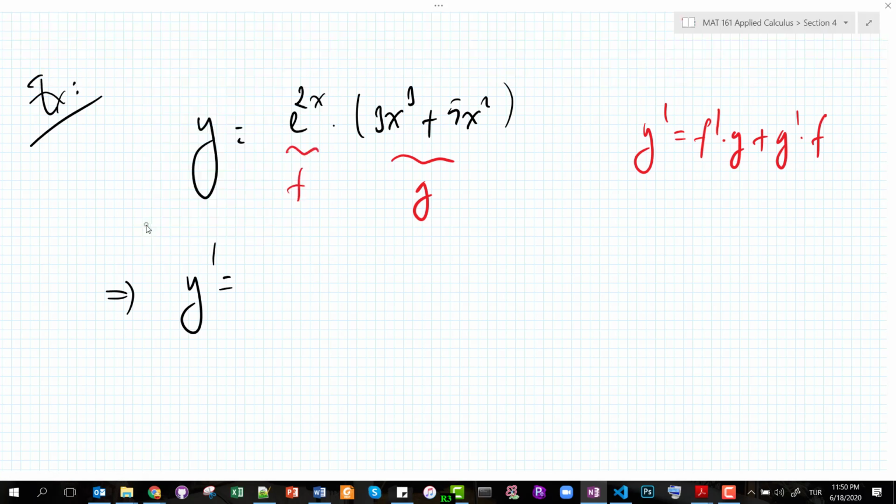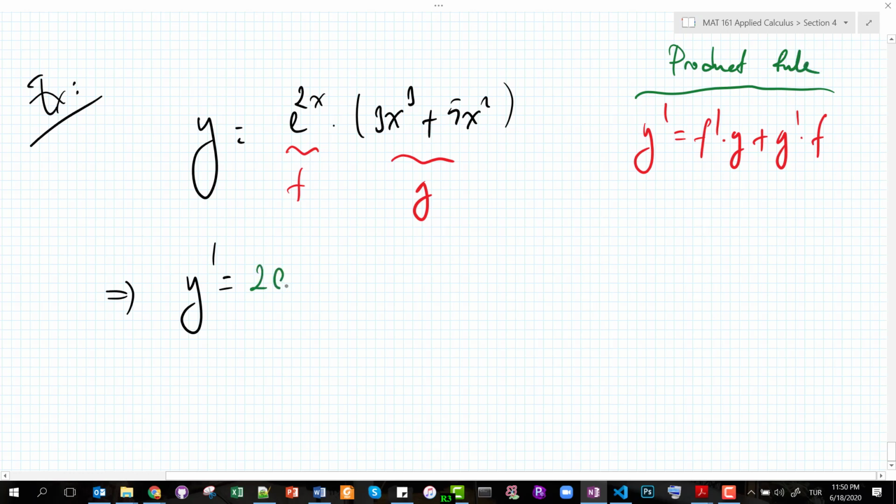Let me use some different color so that we can remember them. Product rule. If I apply my product rule, it says f prime is equal to 2 times e to the 2x. Why? I need to apply the chain rule because I have the 2x on top, and the derivative of 2x is 2. As you see, for the derivative of e to anything, I shouldn't change this, but I should take the derivative of the top term.